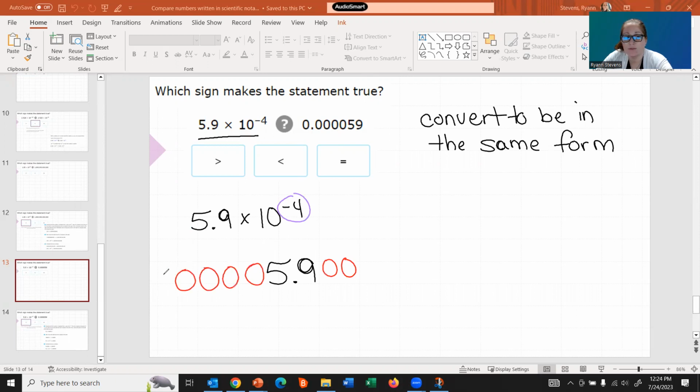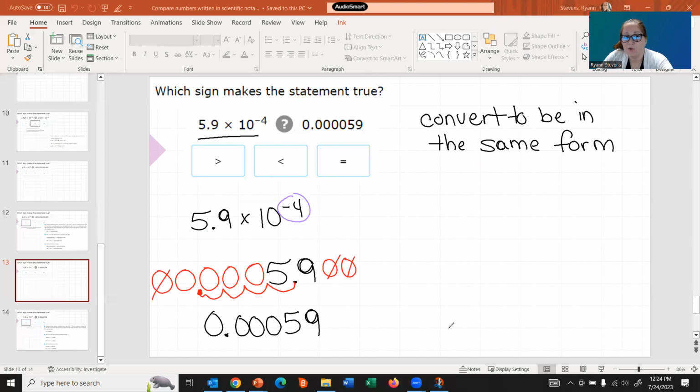And so I'm going to add the zeros over here instead. Okay. And then I'm going to take this decimal and move it 1, 2, 3, 4 places. Again, I added too many zeros, but that's okay. I can get rid of these as well. And then I would have 0.00059.